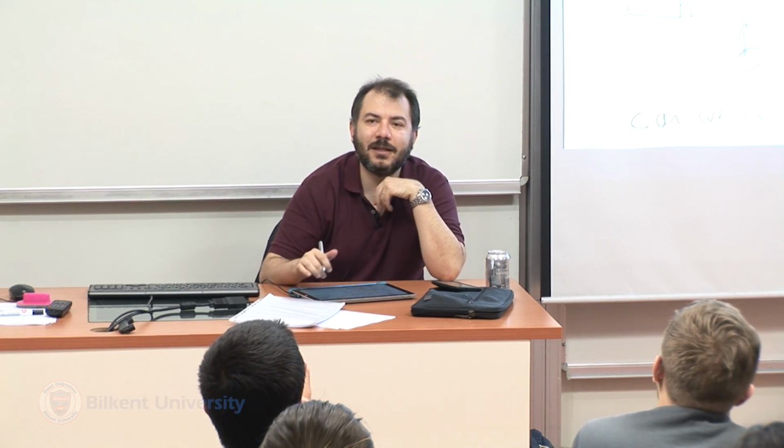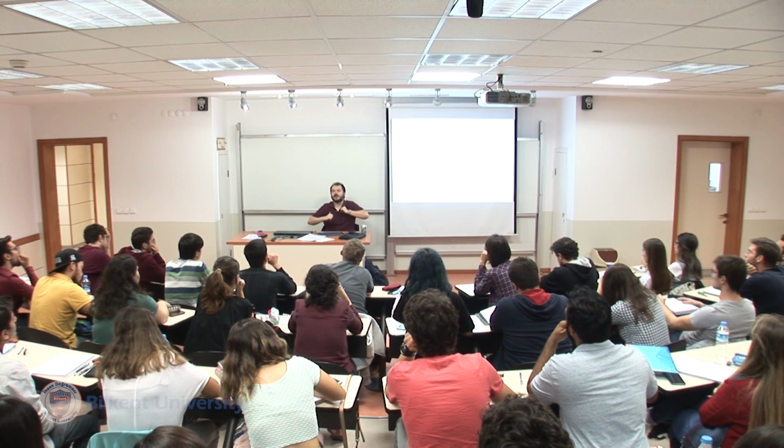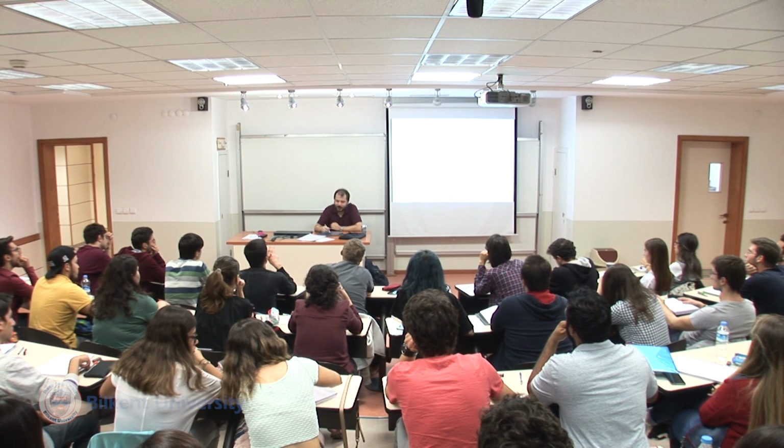So if I know y of t, how can I actually calculate delta t1 and delta t2? What defines delta t1? There will be two times that this object crosses my lasers, right? And delta t1 and delta t2 are the differences between these two times.